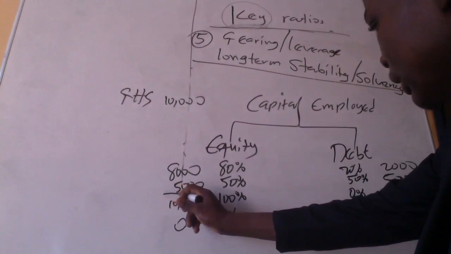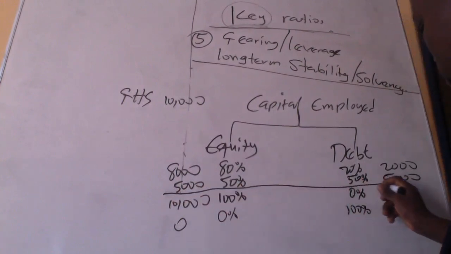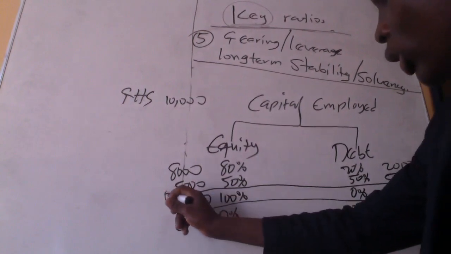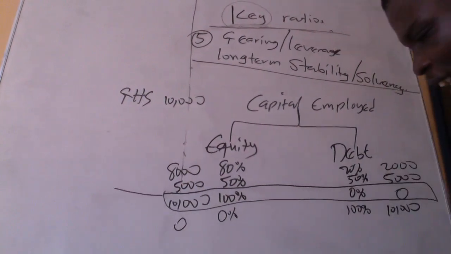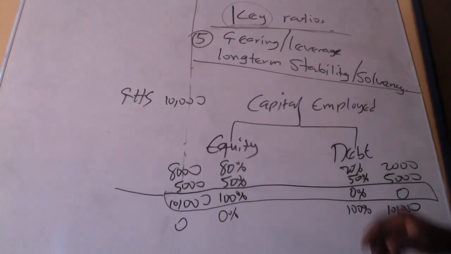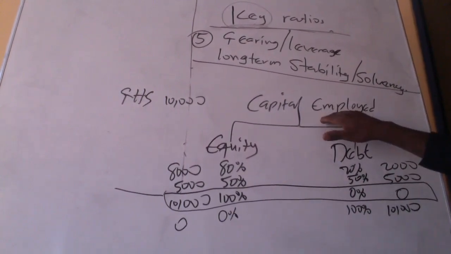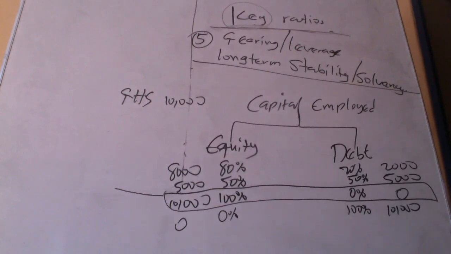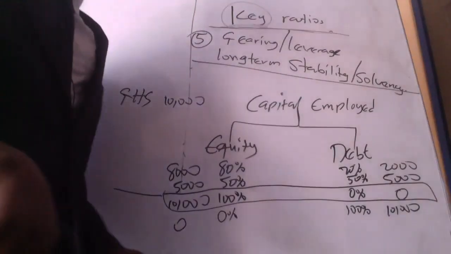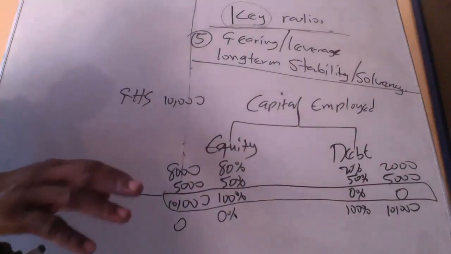Now look at this one. Look at this company. This company does not have debt. The debt is 0 in its capital structure, or the capital employed. So such a company is called ungeared. There's no debt, or unleveraged.